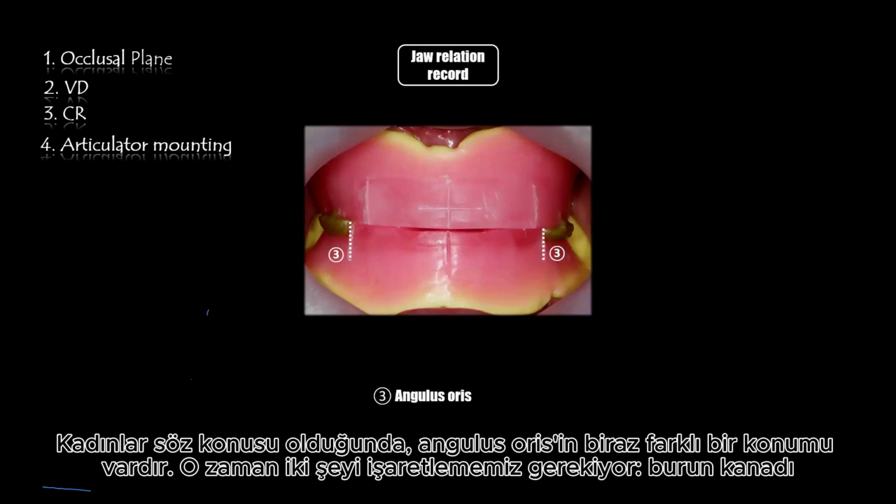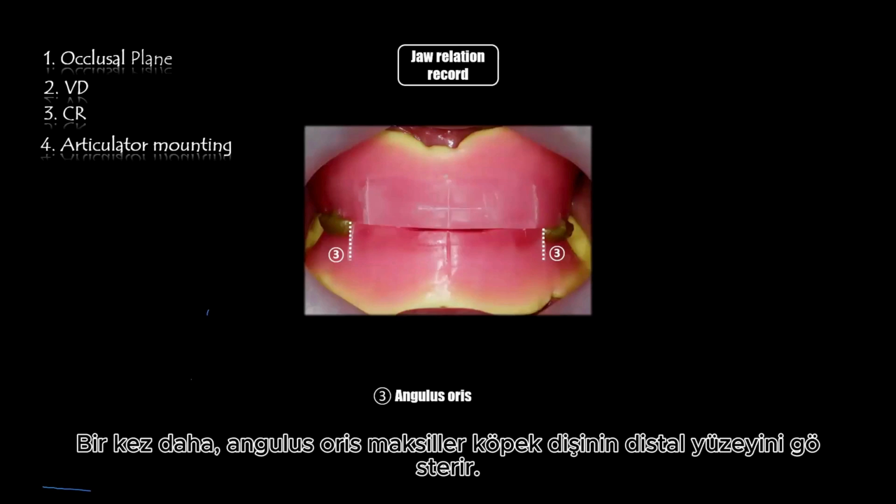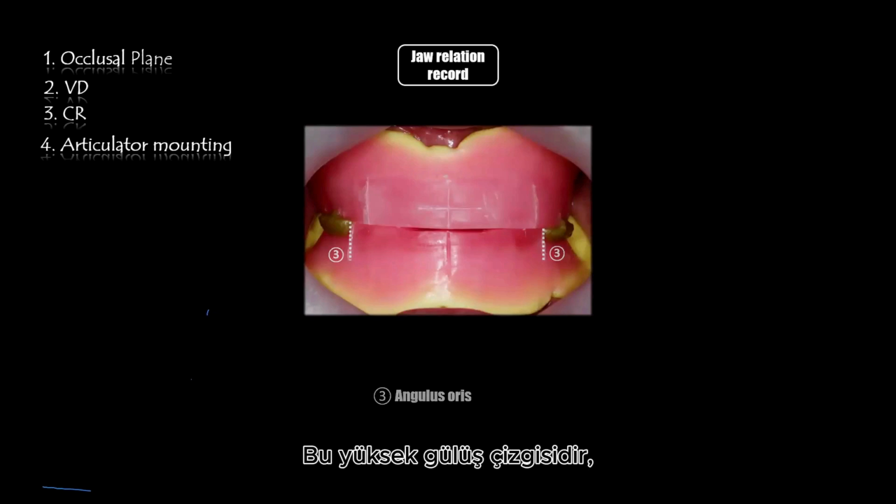So at that time, we have to mark two things: the ala of the nose, and then the angulus oris. At that time, we can decide the proper size of the anterior teeth. So, one more time, the angulus oris indicates the distal surface of the maxillary canine. Okay.